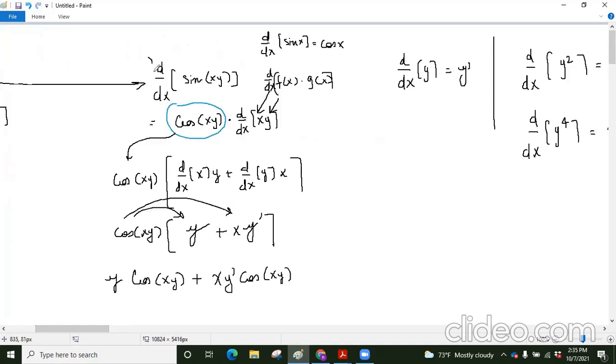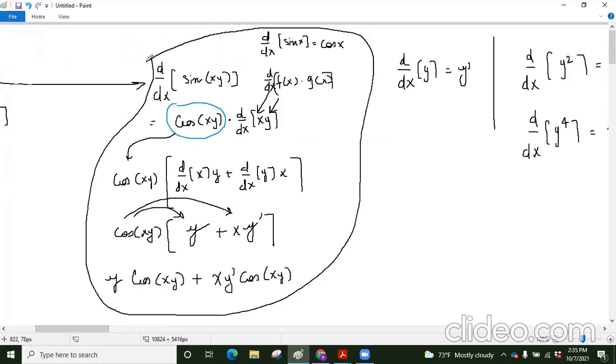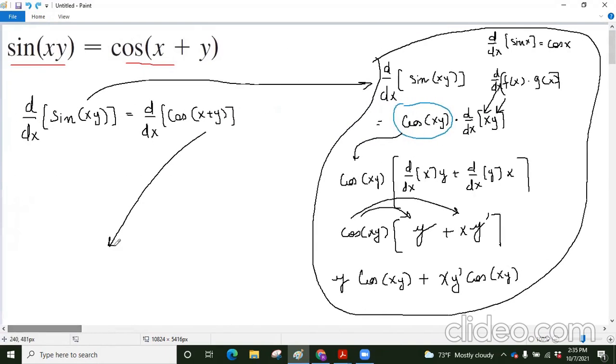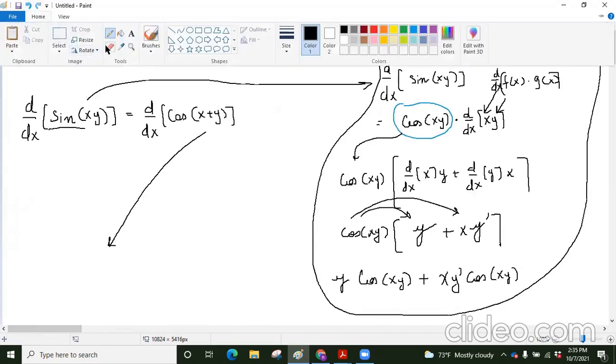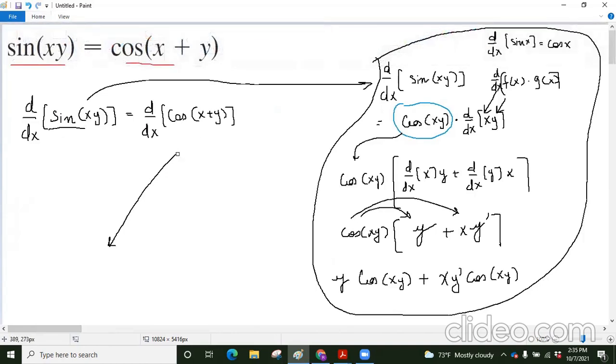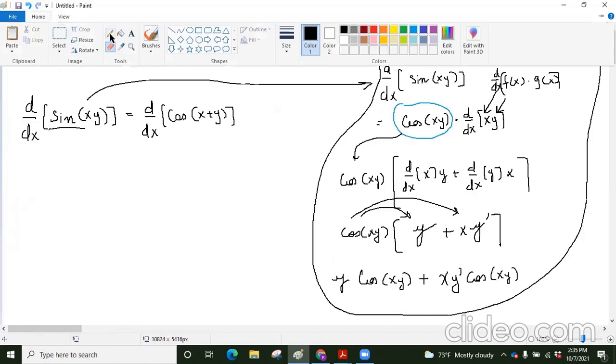Okay, so this entire thing is essentially the derivative, right? It is the derivative of this component. So we can go back over here and then just add the conclusion of this process.